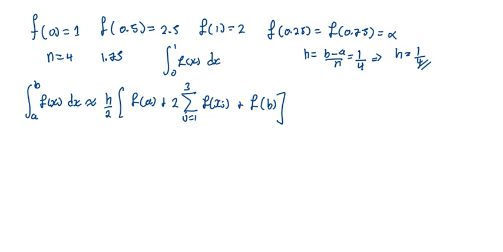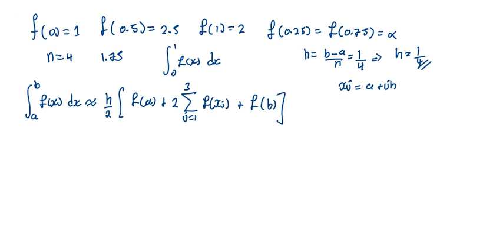For this part, we're already given straightforward values: our a is equal to 0, that's our lower limit, and our b is equal to 1. We don't need to worry about that. What about the summation part, the middle part? We have x sub j, which is equal to a plus jh.